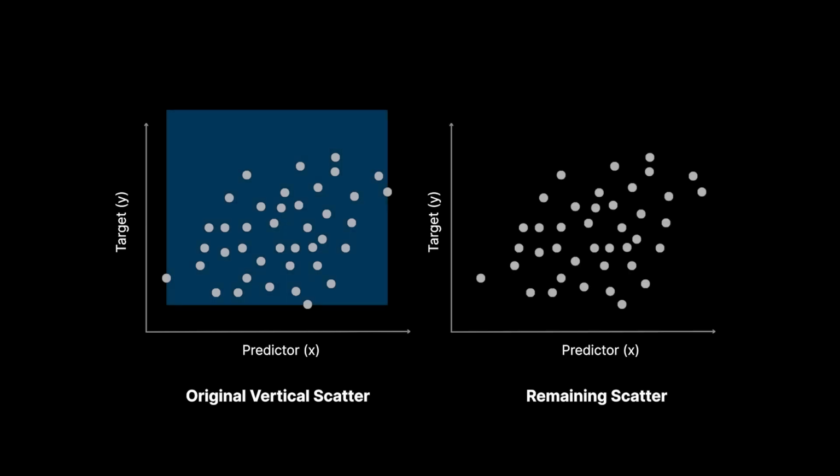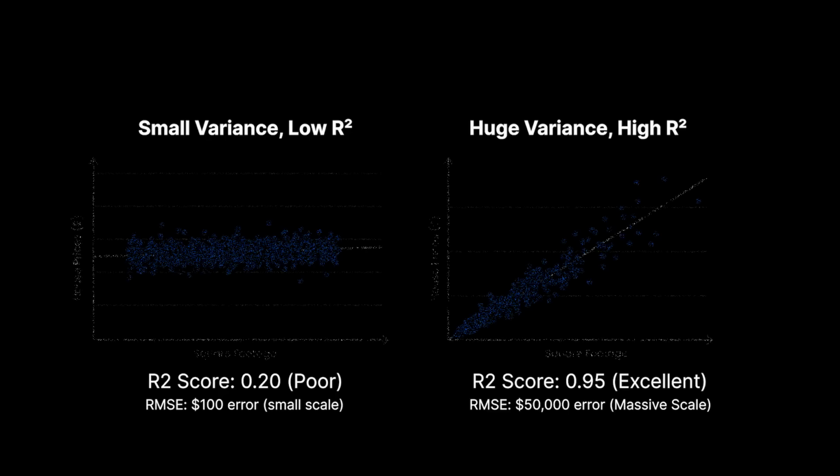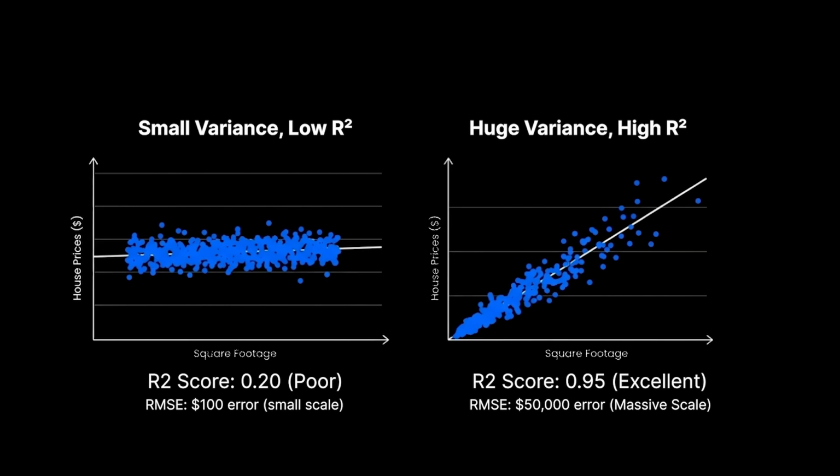If your data has a huge variation and your model explains most of it, the R squared value will be high. However, having a high R squared value does not mean that you have a low error. It in fact tells you nothing about the scale of the error. It only tells you how much variance your model has explained, not how big your mistakes are.